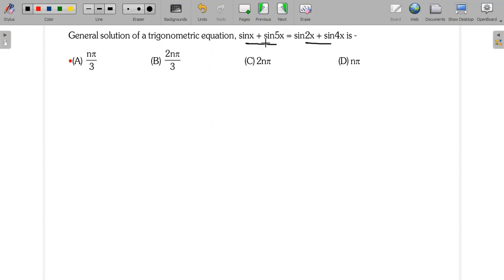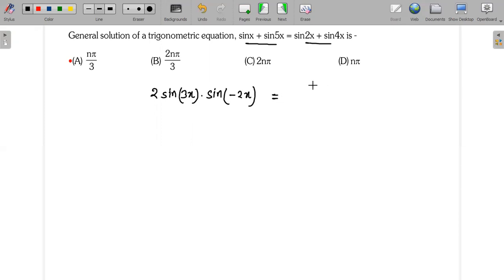If you try to add their arguments x and 5x as well as 2x and 4x, their sums are equal. So we are free to apply sine C plus sine D on the left hand side as well as on the right hand side. So sine C plus sine D will give us 2 sine (C plus D) by 2, which is sine 3x, times cosine (C minus D) by 2, which gives you cosine negative 2x.